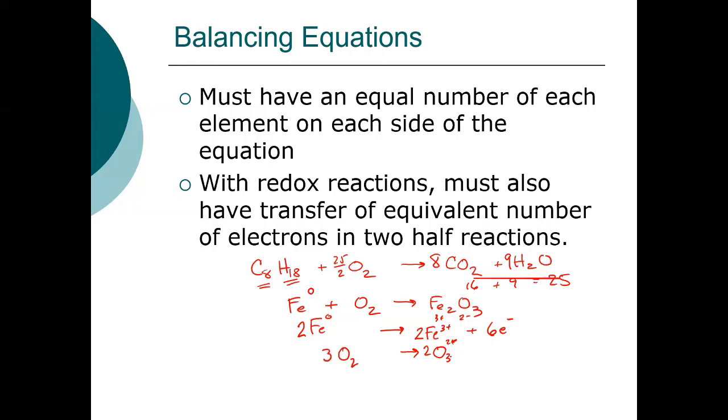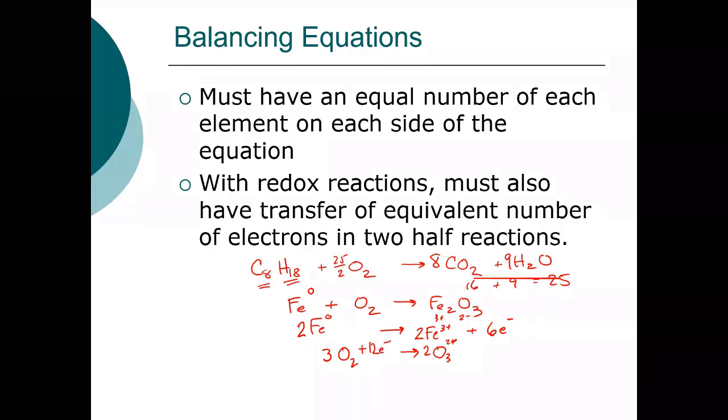Now we need to look at charge. We have 2 minus for each oxygen, but we have 3 here. And now we've multiplied that by 2, so we actually have 6. So we have 2 times 3 here, times 2, 12. So we've got 12 electrons being transferred.